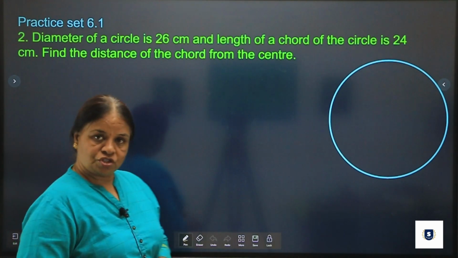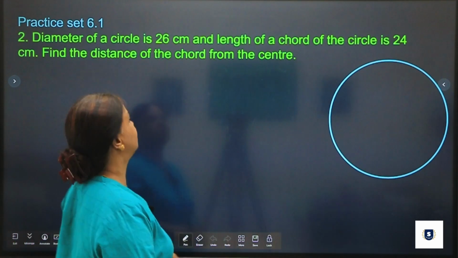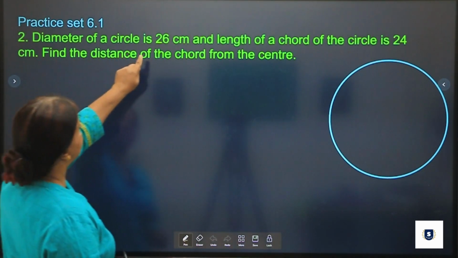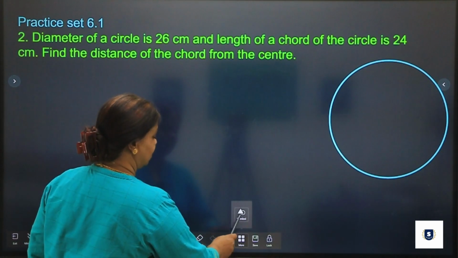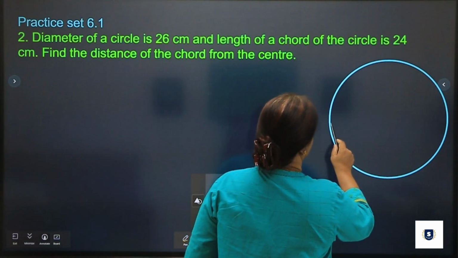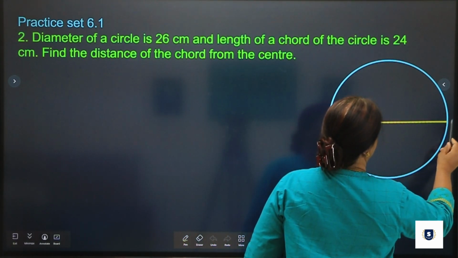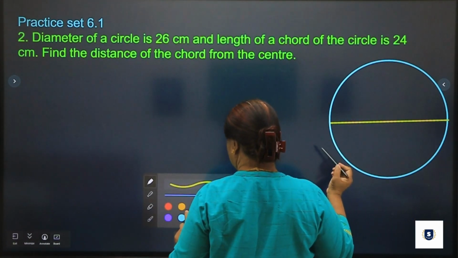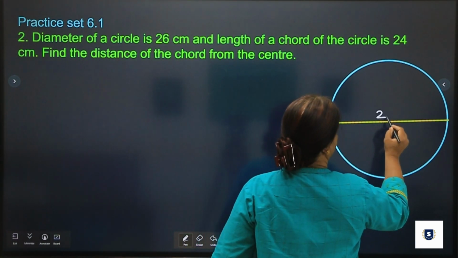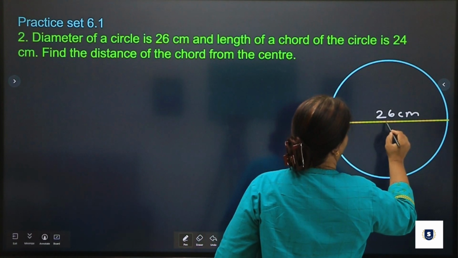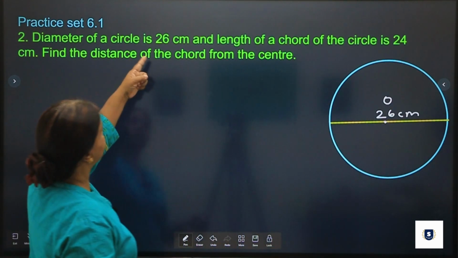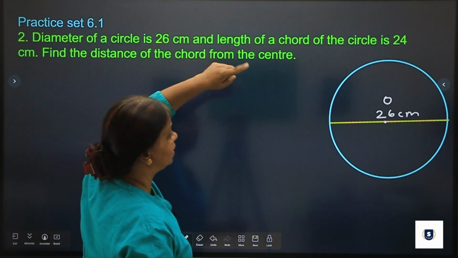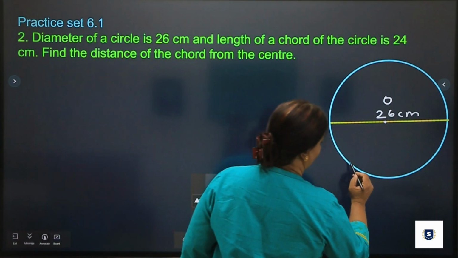The second question of your practice set 6.1: diameter of the circle is 26. Let us draw the diameter. Diameter is 26. O is the center. Okay. And length of the chord of the circle is 24.